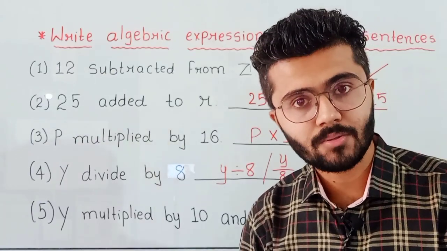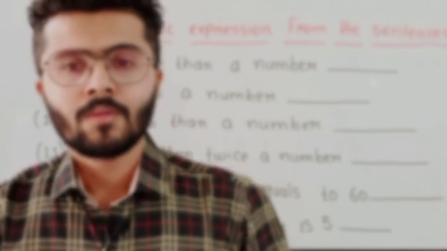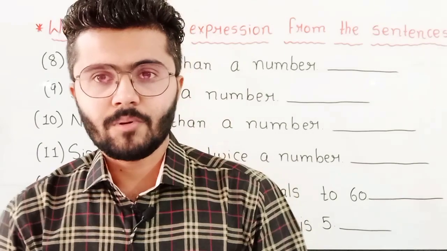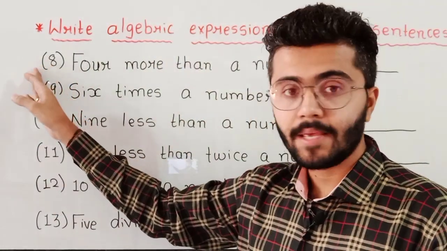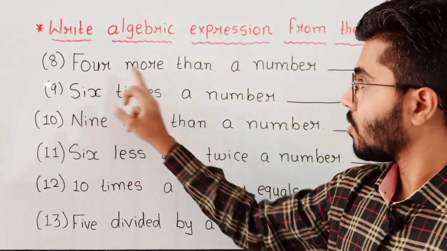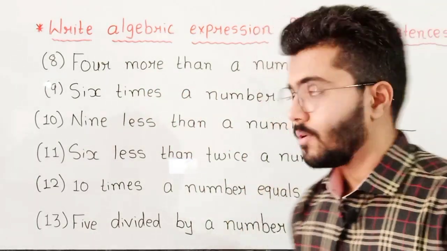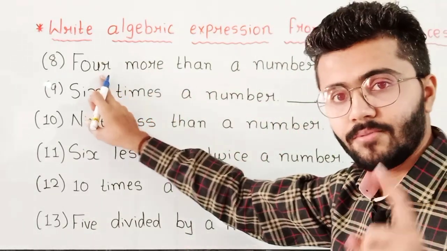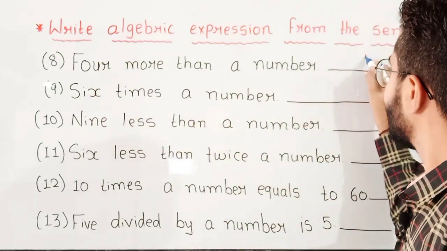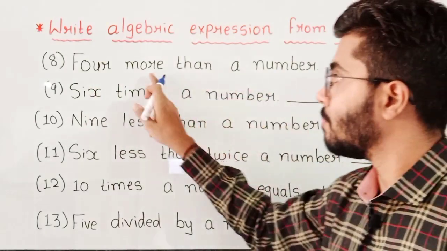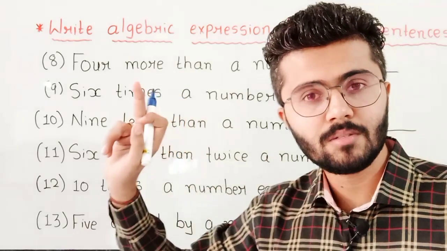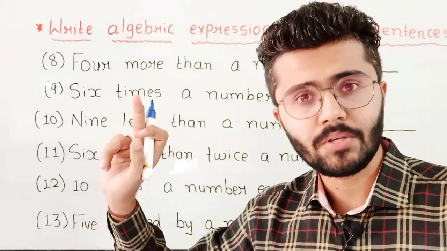We'll solve more examples. So now next examples. Question 8. 4 more than a number. Okay, 4. First of all, write 4. More than means, can we say it as plus? Yes.